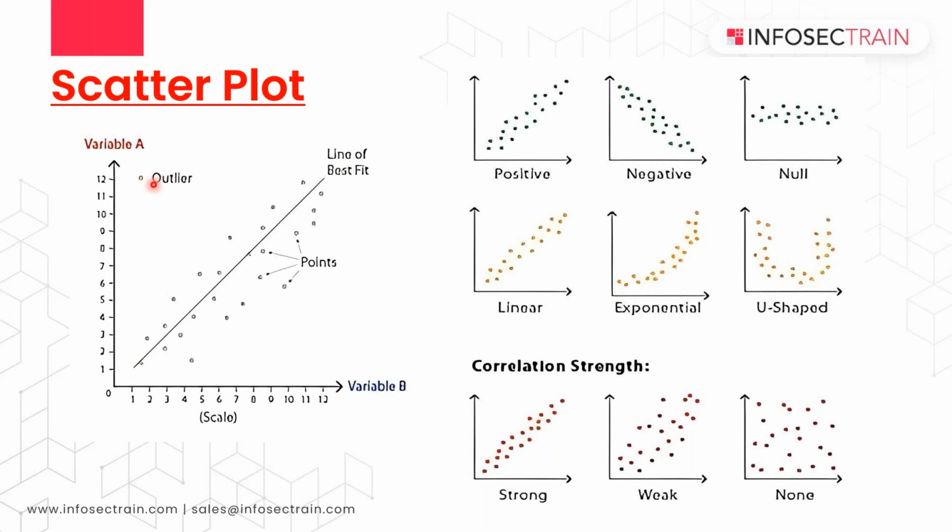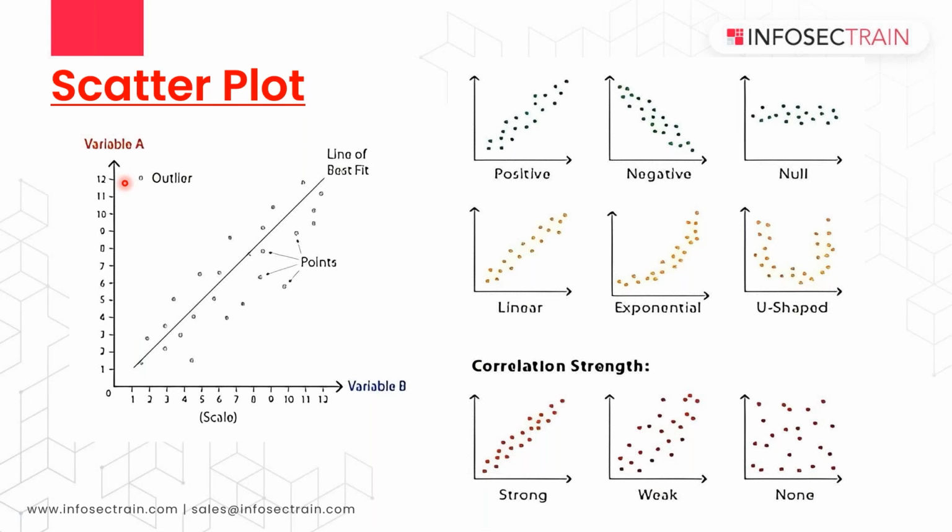But for this outlier, this particular data point, the x coordinate value is, let's say, 1.5, but for the y coordinate you will see that the value is around 12, which means that this data is an outlier for this normal range data set. This is a common range, and this is nothing but the outlier value. That is how you can detect the outliers.